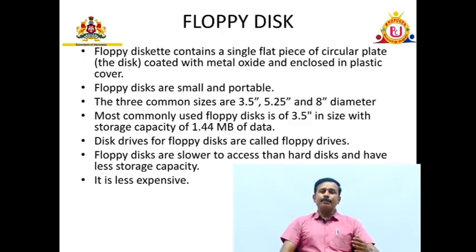The 3.5-inch floppy disk is capable of storing 1.44 megabytes of information. Further it was improved, but normally we don't use the 2.66 MB floppy disk. Generally we used the 3.5-inch floppy disk with 1.44 megabytes.